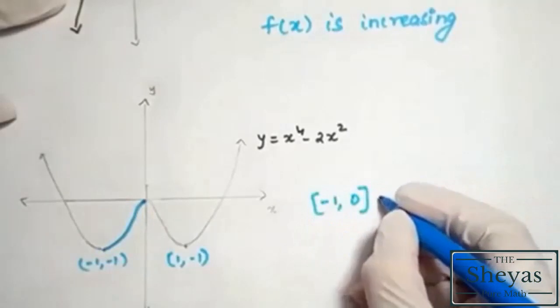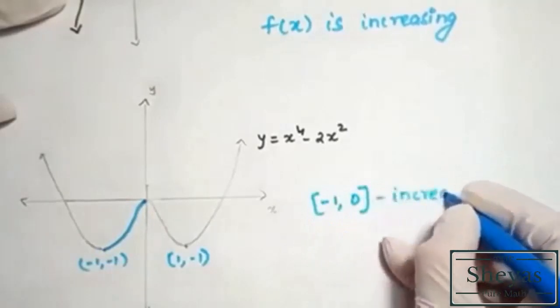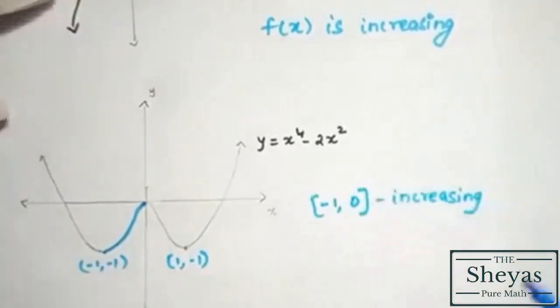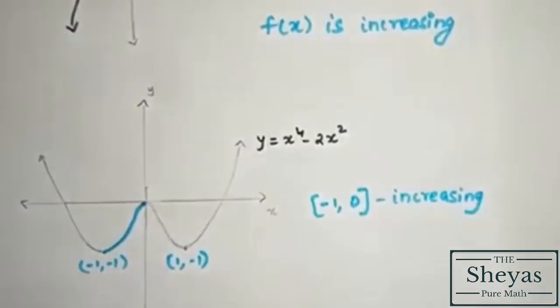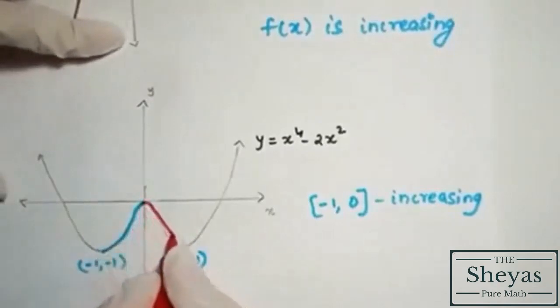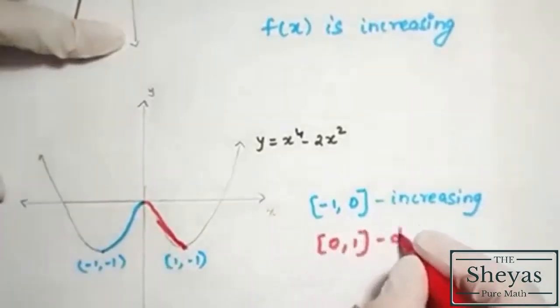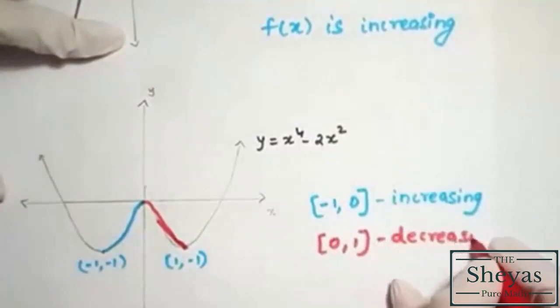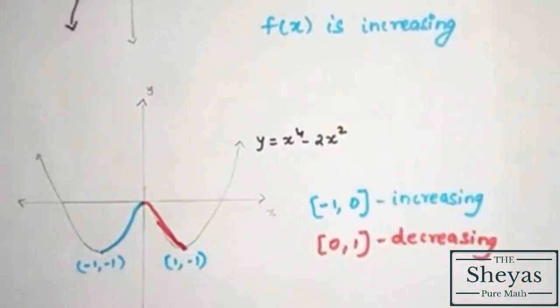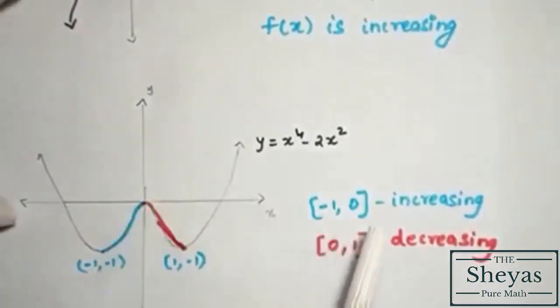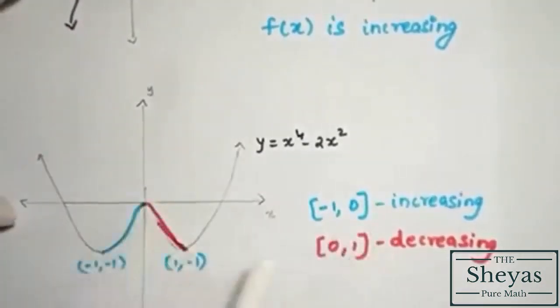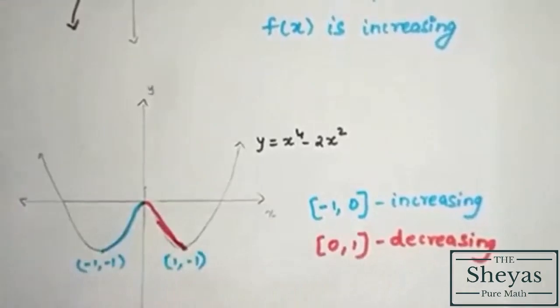Minus 1 to 0, the graph is increasing, and from 0 to 1, the graph is decreasing. So minus 1 to 0, the graph is increasing, and 0 to 1, the graph is decreasing.